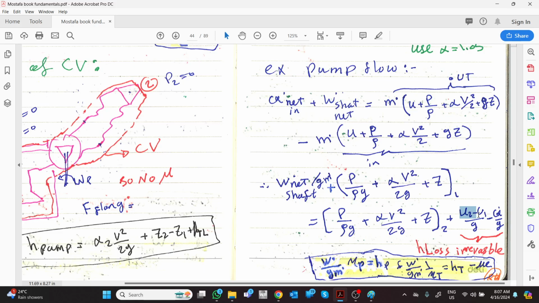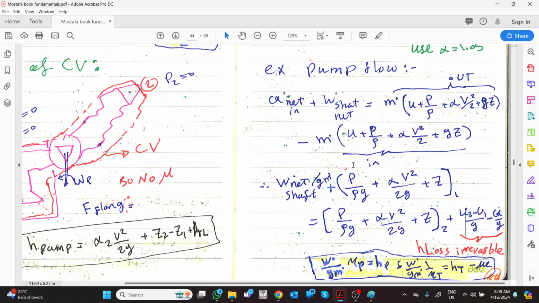Because it is an energy, the losses are something injected in, the heat, for example. Whatever you put in the shaft power will never be the full pressure and kinetic energy and potential energy injected in the fluid.